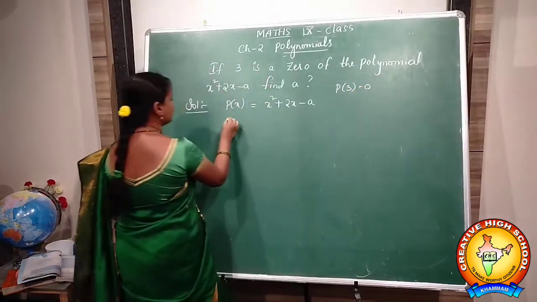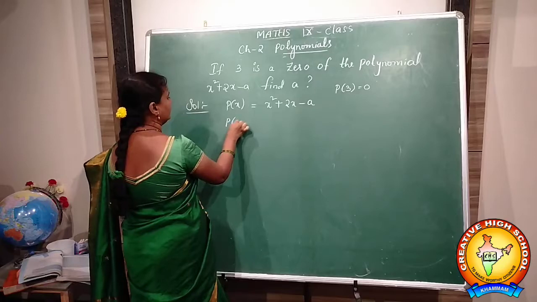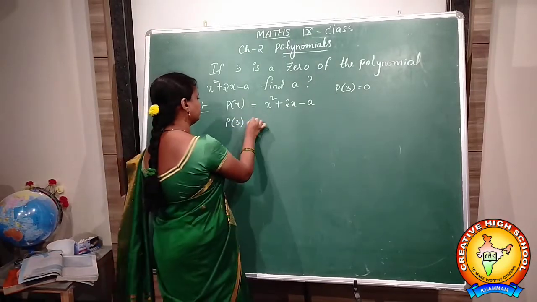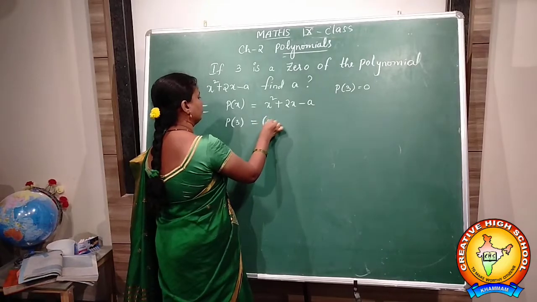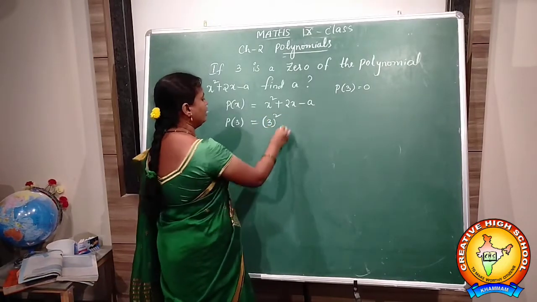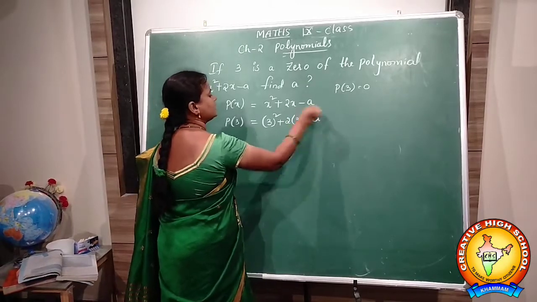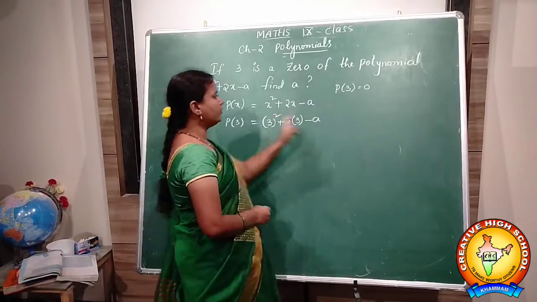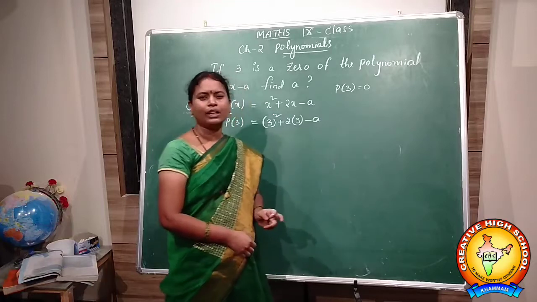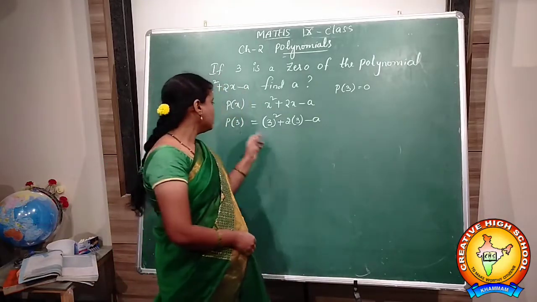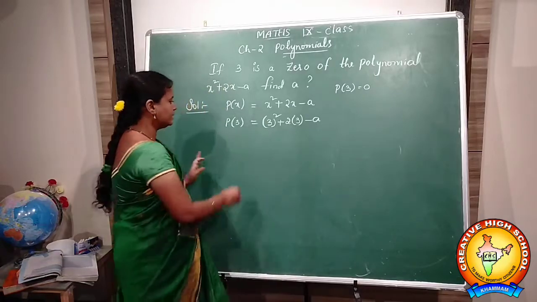Now substitute 3 in the place of x: 3 square plus 2 into 3 minus a. Why will P of 3 become 0? Because 3 is the zero of this polynomial.